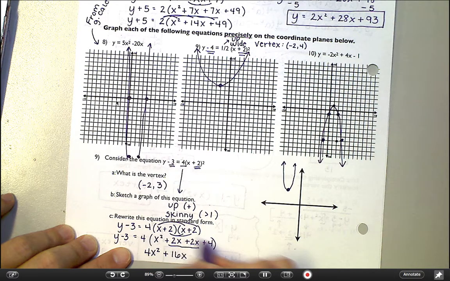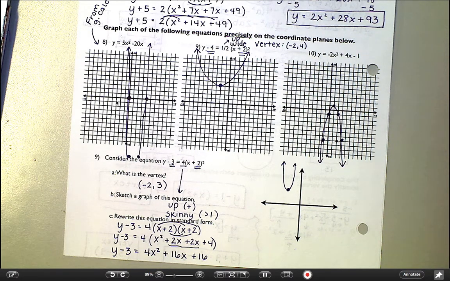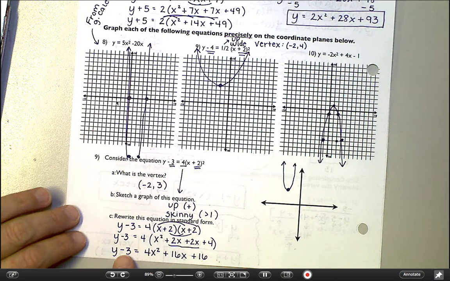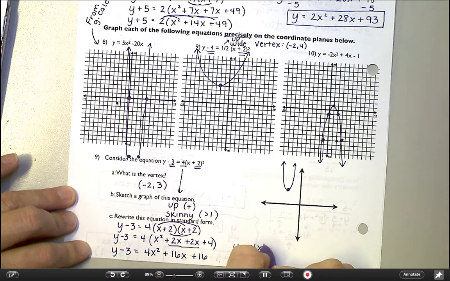And then at the end, 4 times 4 is 16. Some of you may be getting to the point where you can take little shortcuts like that. That's okay with me. If not, go ahead and write that out as 2 separate steps. And then last thing would just be to add the 3 over to the other side, so I end up with y equals 4x squared plus 16x plus 19.